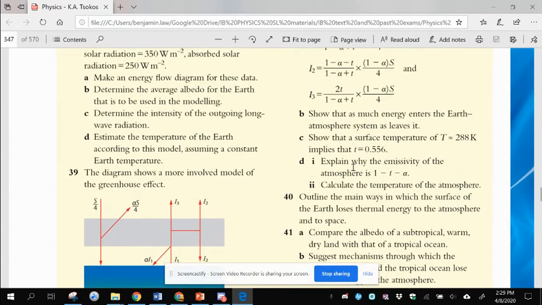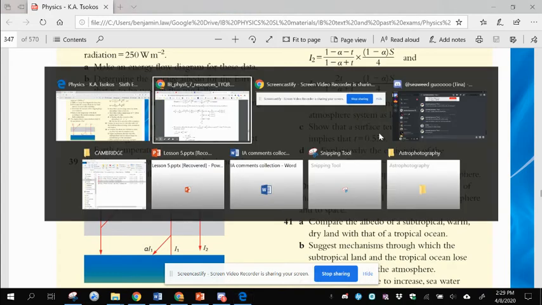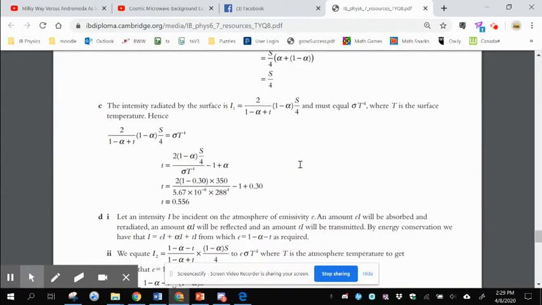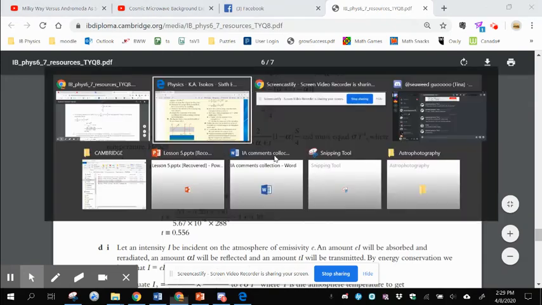That's part B. Part C: show that the surface temperature of 288 Kelvin implies that t equals 0.556. In this case, we have to assume the temperature is 288 and then show t equals 0.556. So what we do is use the Stefan-Boltzmann equation: power equals sigma T to the 4, and that's basically the power, which is the I1 representation.